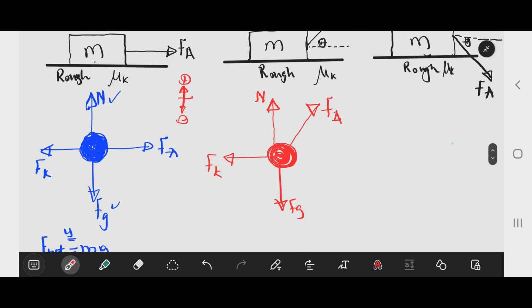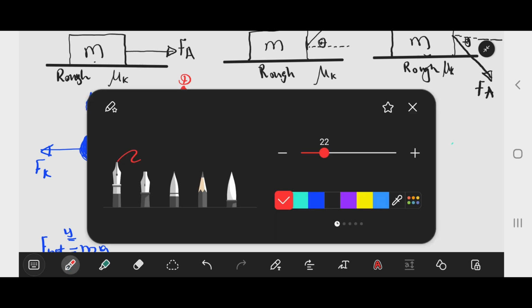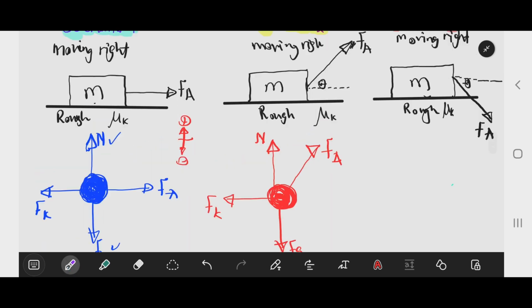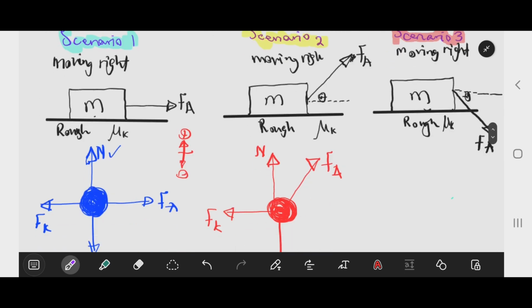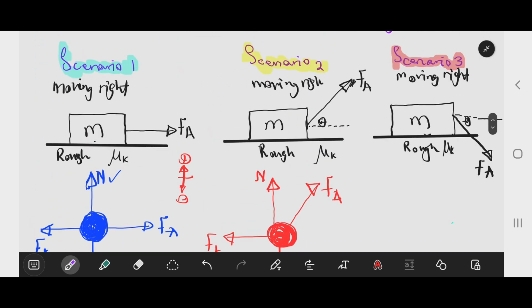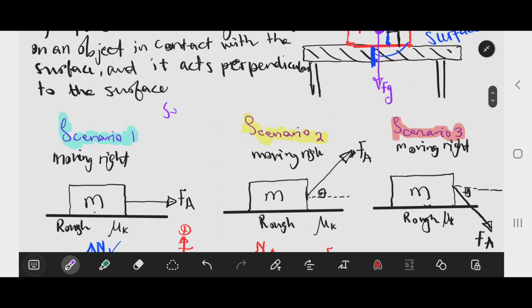So that was step number 2, right? Let me just write down the steps just to remind you of the steps that we have to follow. Step number 1, we separate. Step number 2, we draw a free body diagram. Step number 3, you resolve.